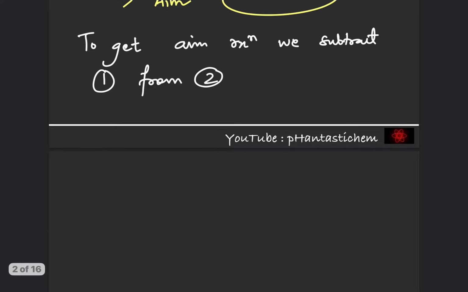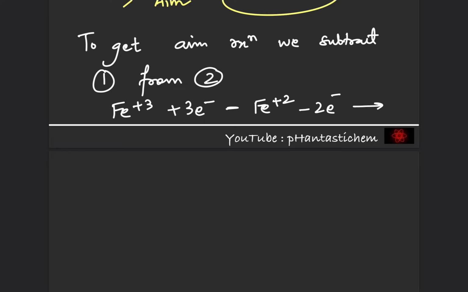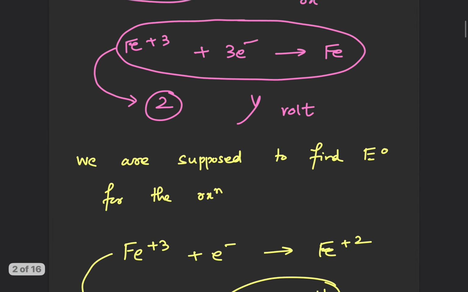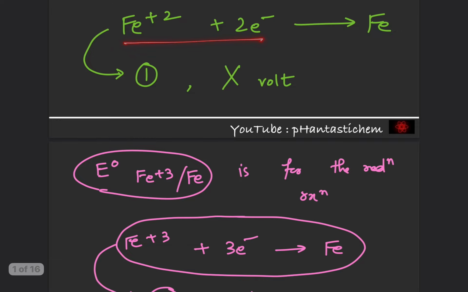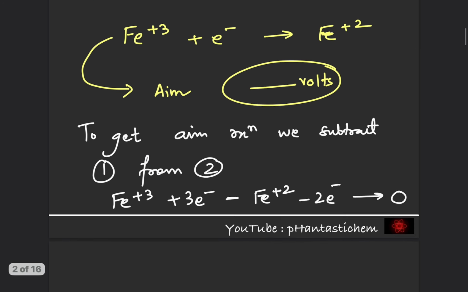If you do reaction 2 minus 1, we will get Fe+3 plus 3 electrons minus Fe+2 minus 2 electrons, and in the RHS there will be 0, since Fe minus Fe is 0.